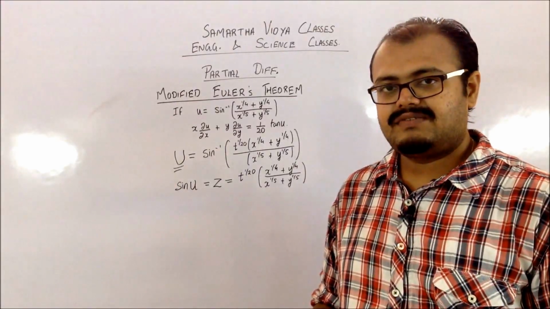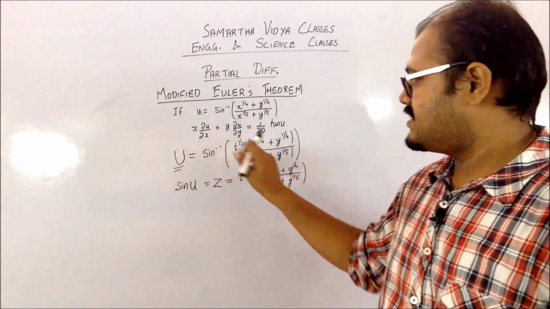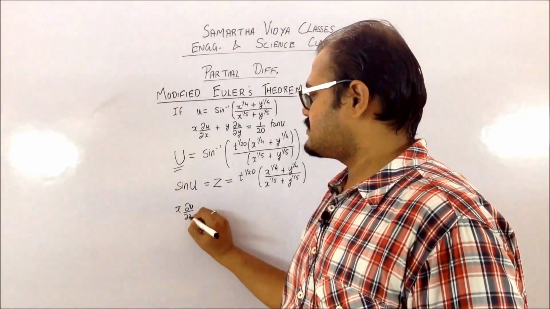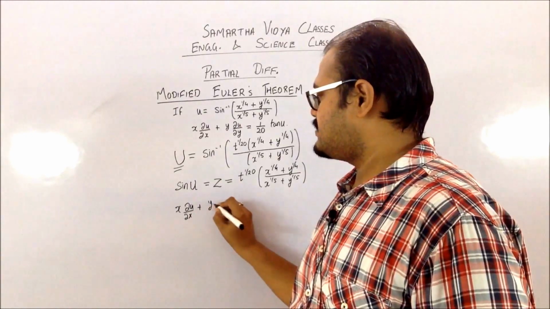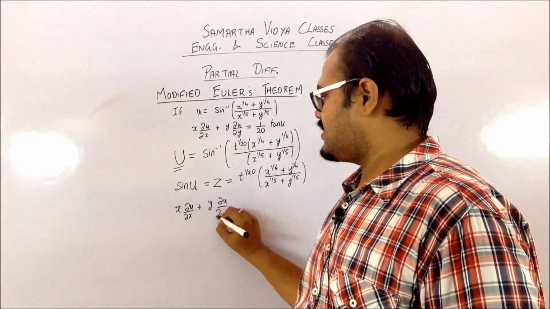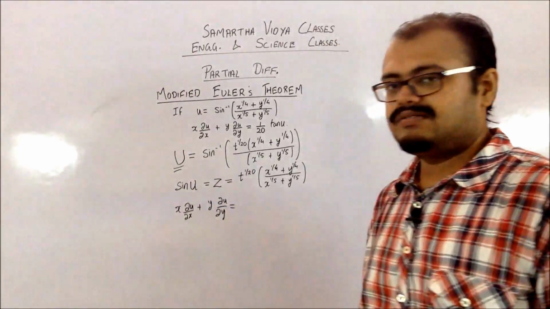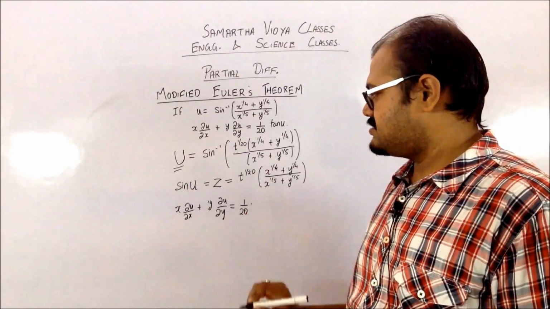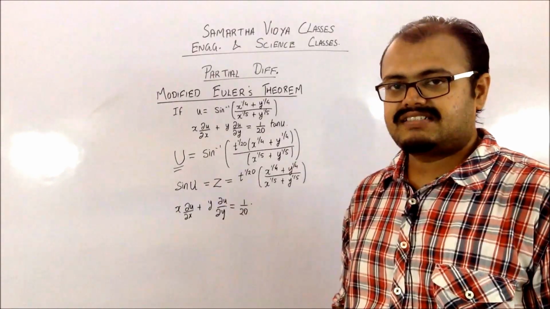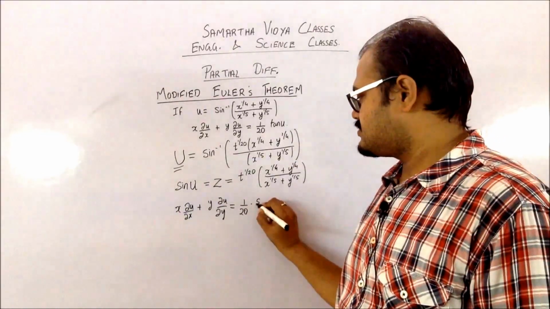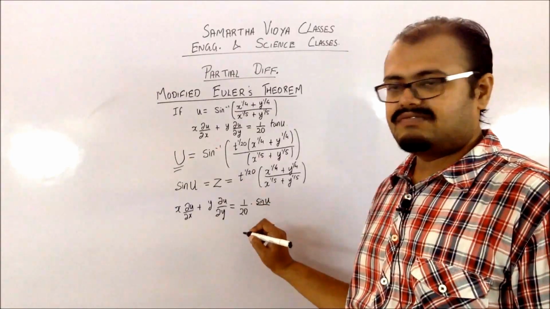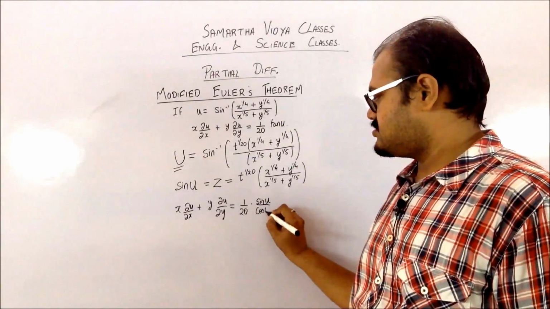So by modified Euler's theorem, this particular answer, that is x del u by del x plus y del u by del y, will be equal to n, in this case 1 by 20, into the function, that is sine u, divided by the derivative of that function, that is cos u.